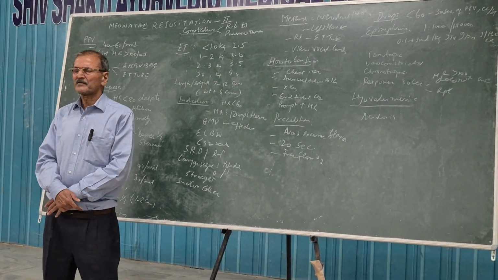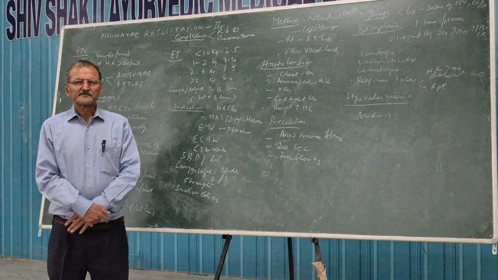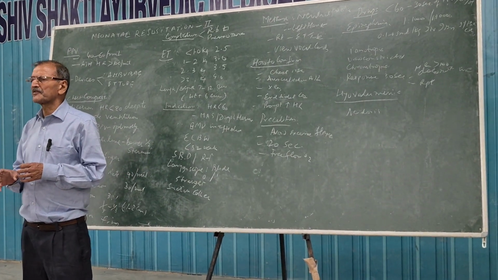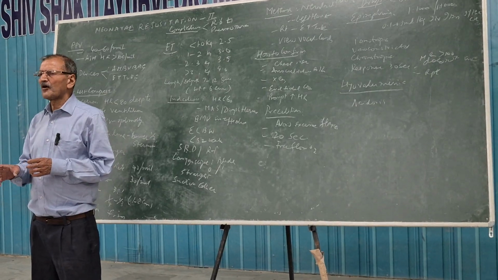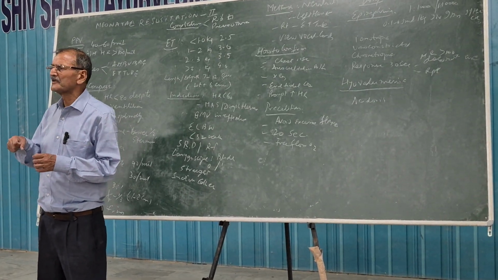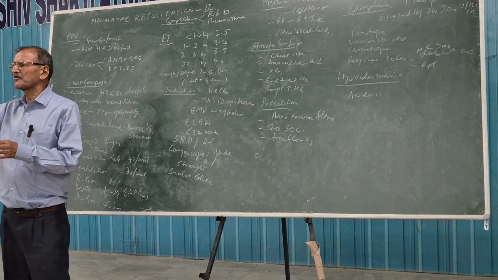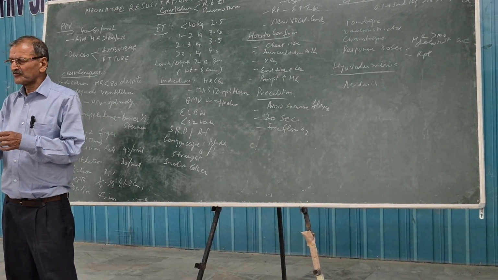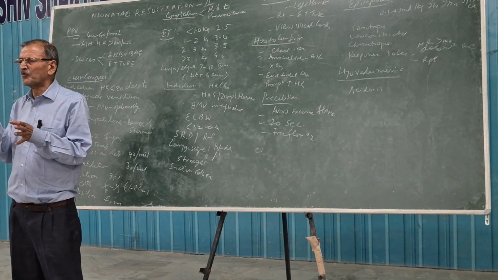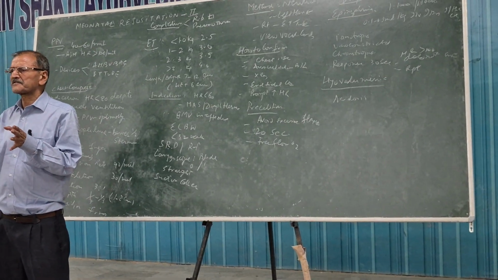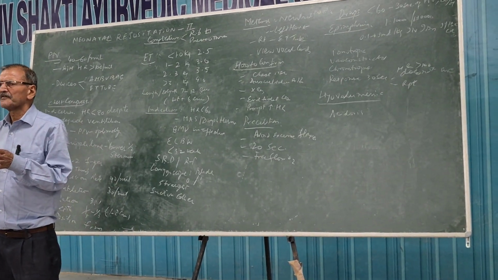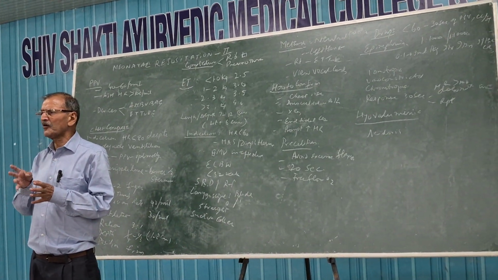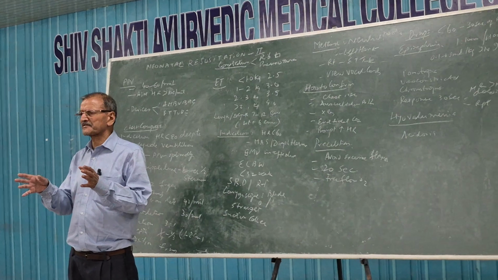What is the method? First is, after putting the endotracheal tube, now you will attach it to the ambu bag, you will press on the ambu bag, it will push air. You have to see both the chests, right and left, whether there is a chest rise on both sides, equal chest rise.